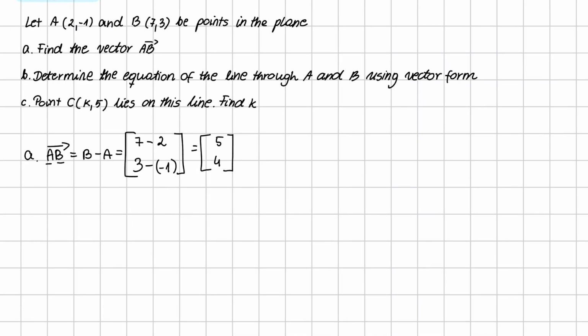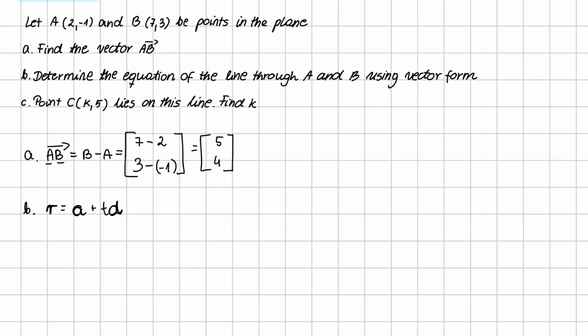B. Determine the equation of the line through A and B using vector form. Firstly, let's write down the general form of a line in vector notation. We can take, for example, vector r equals vector a plus t times vector d. A is our point on the line, so the position vector.